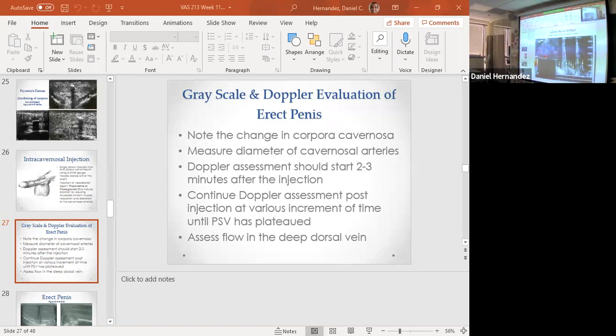We may see within our spectral waveform bubble noise artifact. These are the little echogenic spikes that we see within our spectral tracing. This is just artifact. The contrast may cause spectral broadening and may also exhibit increased velocities.